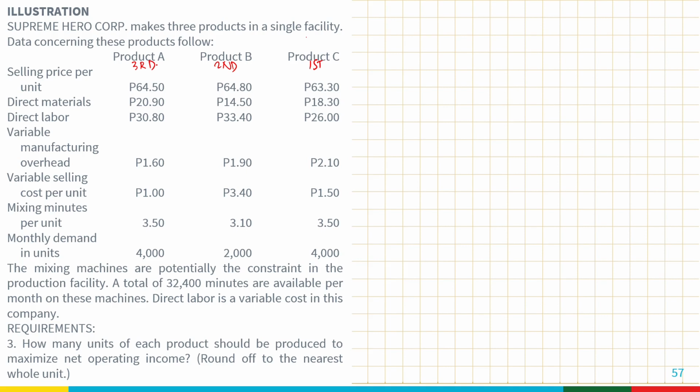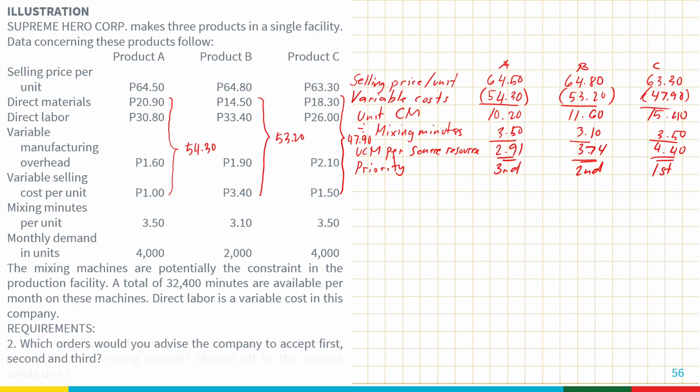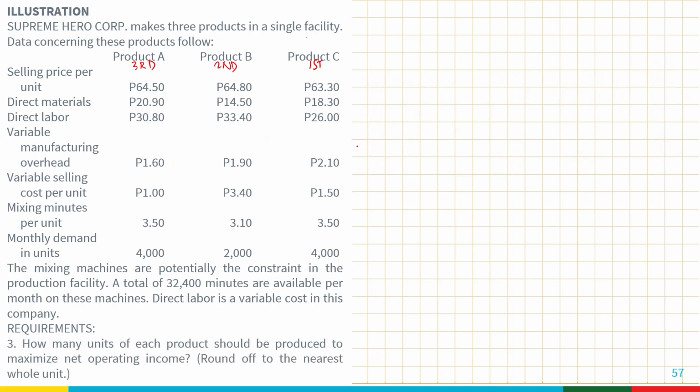And then nakita rin natin na 14,000, no? Let me check, double check ko lang. 14,000 ang total mixing minutes for A, 6,200 kay B, and 14,000 kay C. Let me just write that here. 14,000, 6,200, and 14,000 ang total mixing minutes.